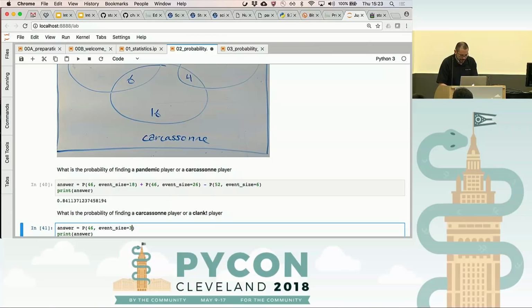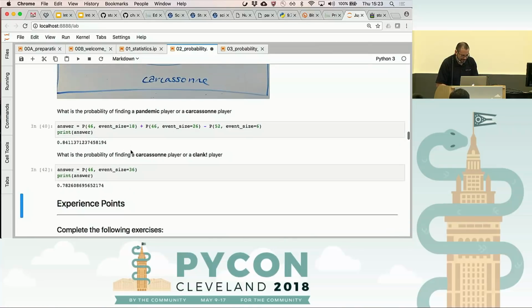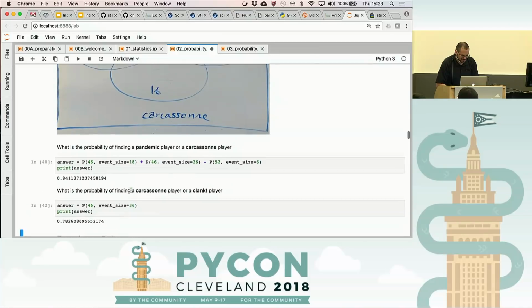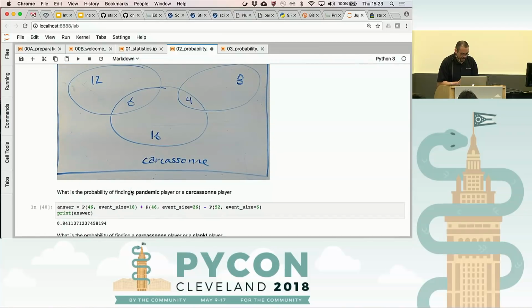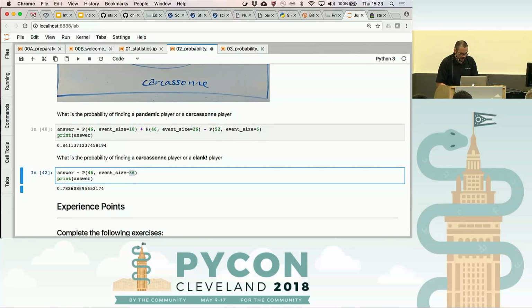My event size is 36. There we go. That didn't work either. 18 plus 26 minus 6. 18 plus 26 is what? 38.